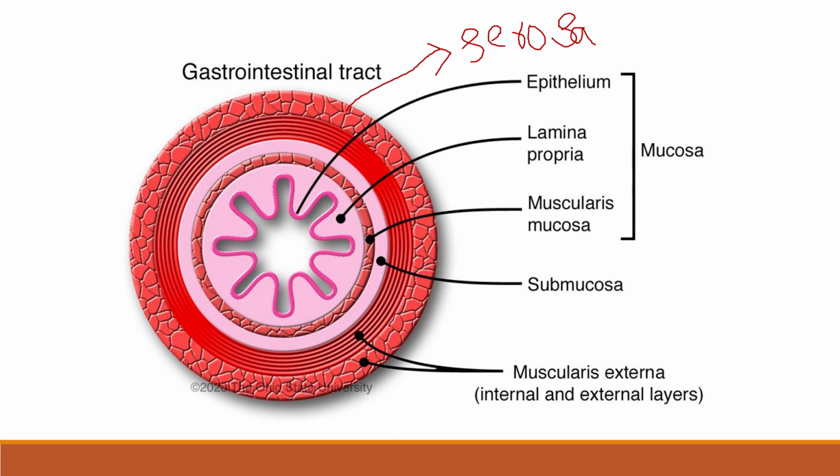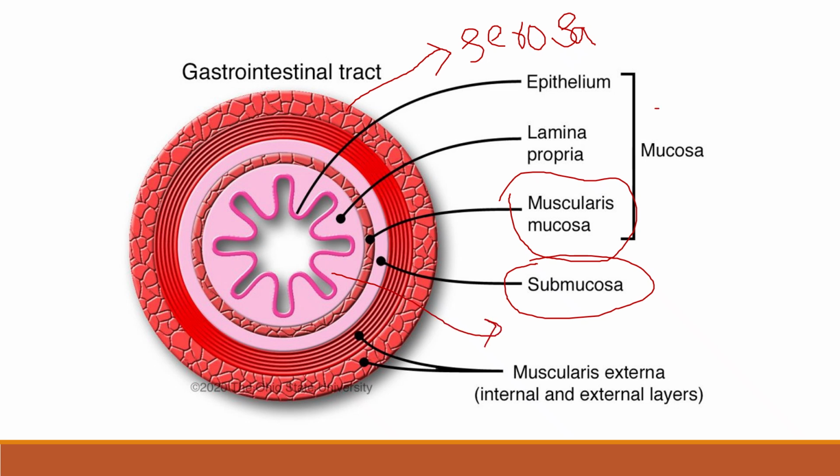Here you can see the muscularis layer. The muscularis again has 2 layers: one is the longitudinal layer and another one is the circular layer. The third layer is the submucosa, and deep inside you can see the mucosa.